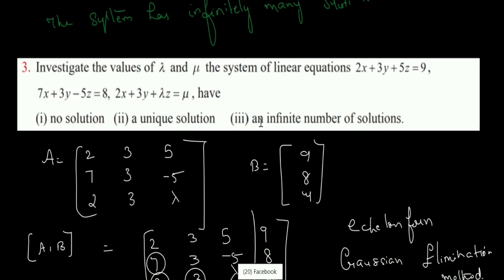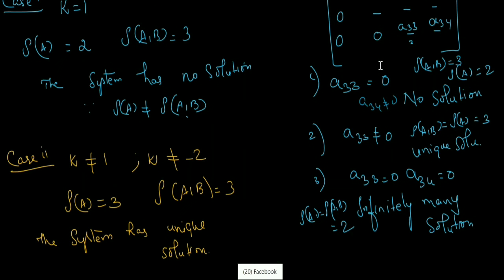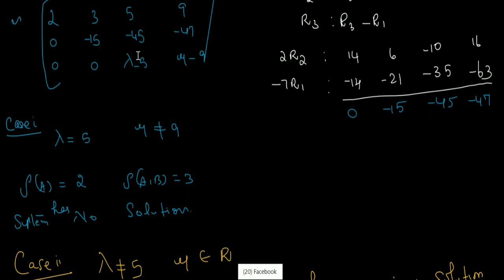Now, case 3 is where both are equal to 0. A33 is 0, A34 is also 0. That means this is 0. When will this become 0? When lambda is 5. When will this become 0? When mu is 9. So when lambda is 5 and mu is 9, these two will become 0. So what happens?